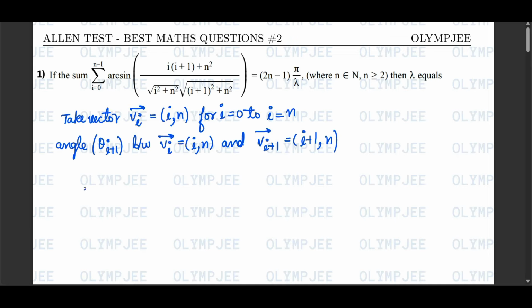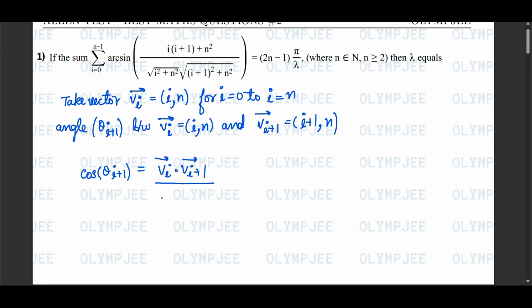We can take the cos of this angle. It will be given by the dot product formula, which is... I am doing this because this thing resembles this thing, right?